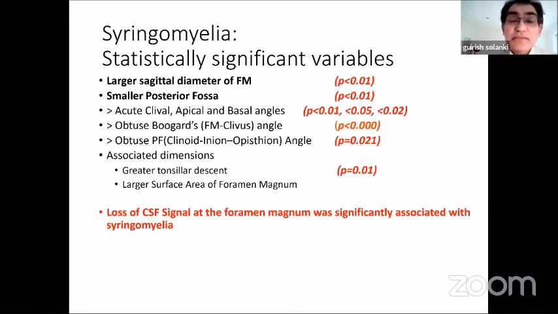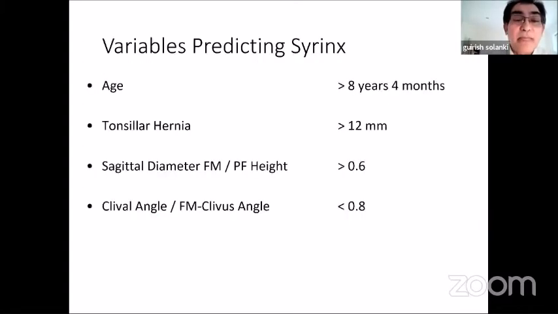So all of those were reliable indicators that this child could develop syringomyelia. But the loss of CSF at the foramen magnum was the biggest statistically significant finding.